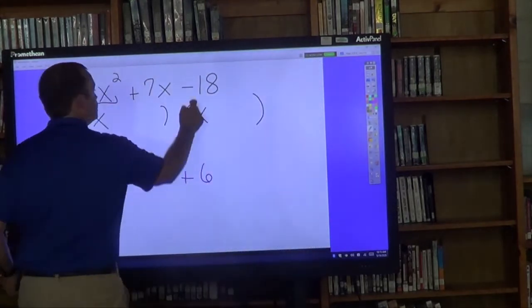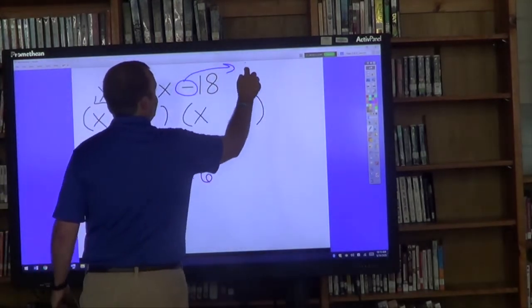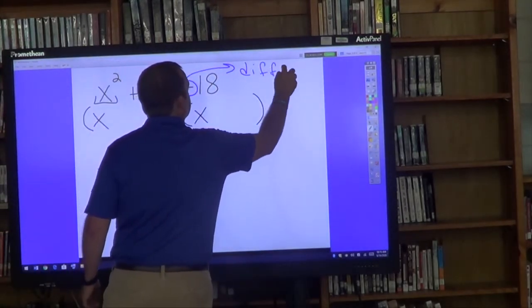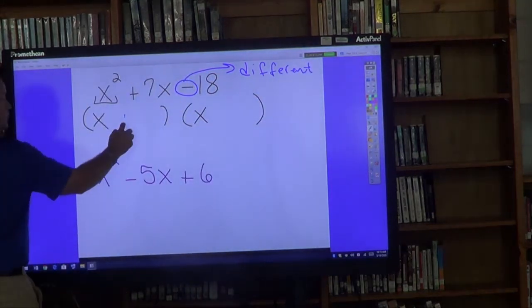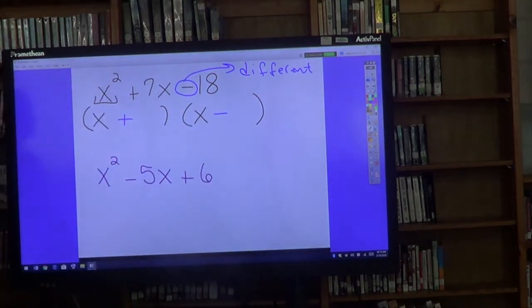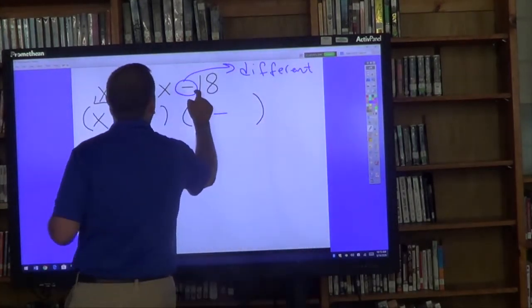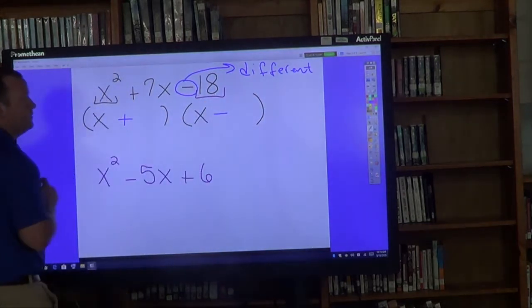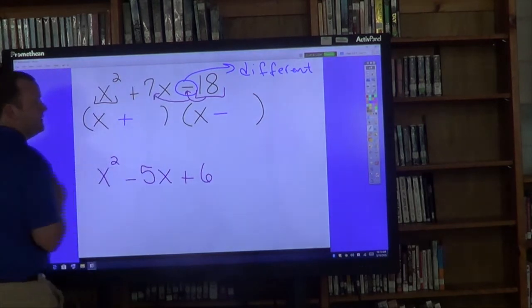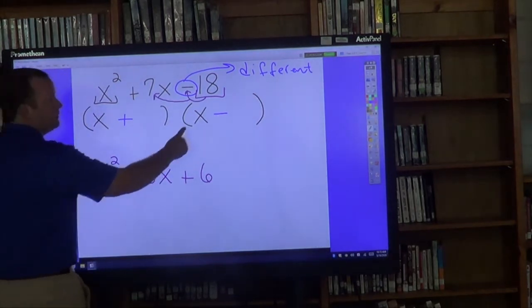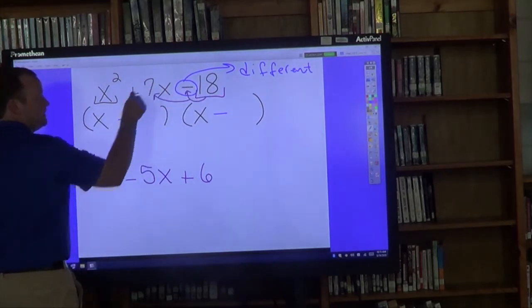If my C is negative, that tells me that my signs are going to be different, just one positive and one negative. Now we have to find my constants. I need two numbers I can multiply together to get 18 and subtract to give me 7.